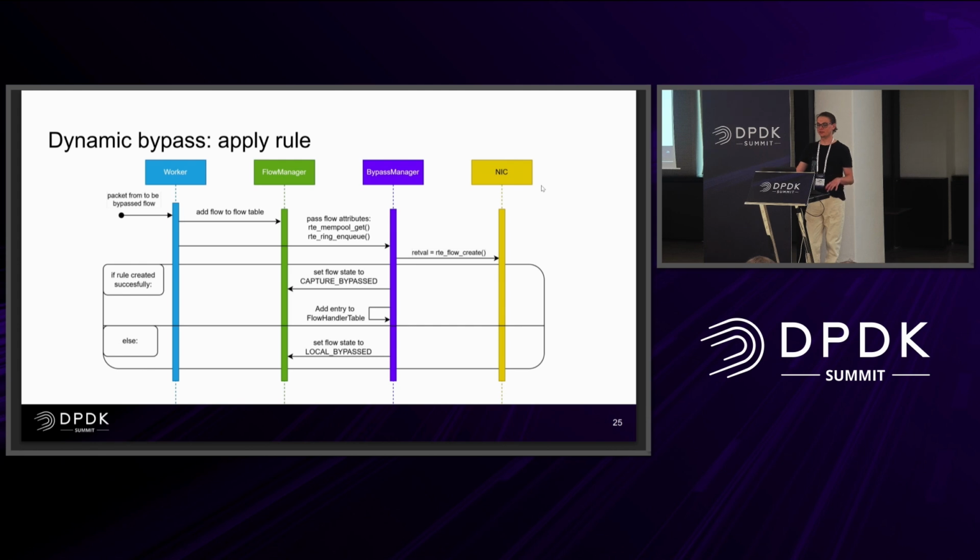We need to figure out the combinations, for example, with the RSS, with the right hash functions, or with setting up the receive queues with a different, for example, RTE flow rule. Then it sets up the pattern, or there were many combinations that we needed to implement.